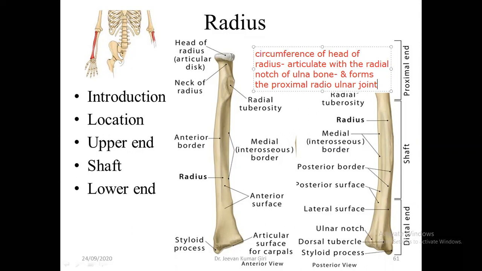The annular ligament binds this circumference with the radial notch of the ulna. In bracket I will write here, annular ligament.